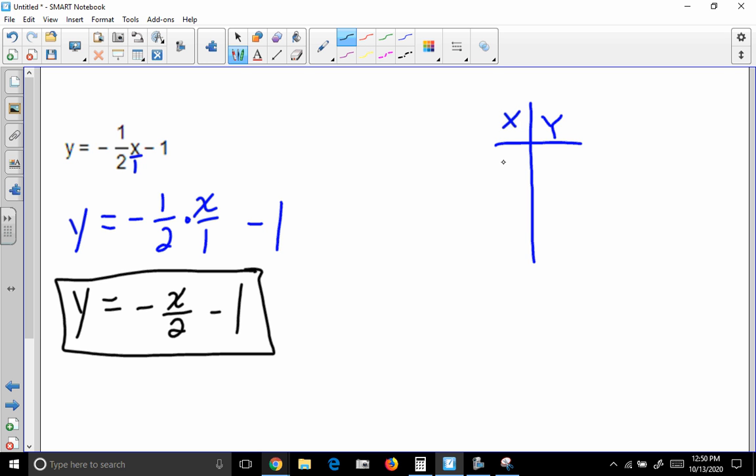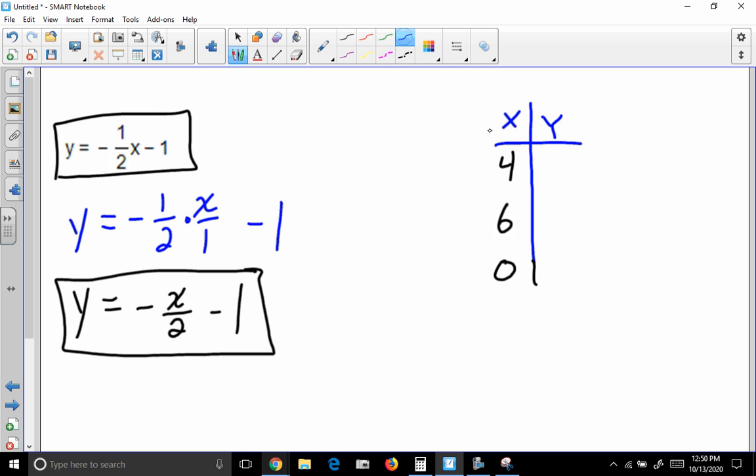But if we pick numbers like 4, 2 goes into 4 evenly, 6, or even 0, all of those numbers are evenly divisible by 2. Now, some people might be okay with the original and say, well, as long as x is even, when I take half of an even number, I'm going to get an integer. But let's use the bottom one.